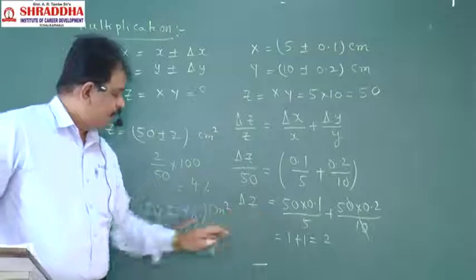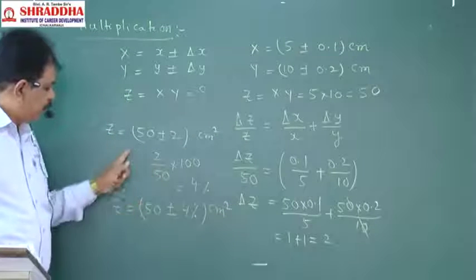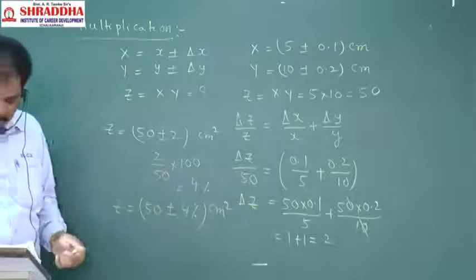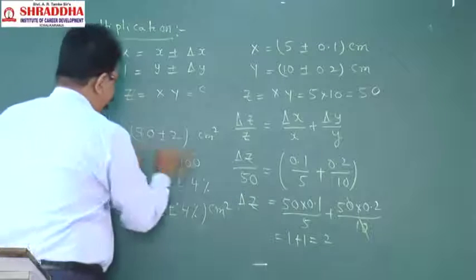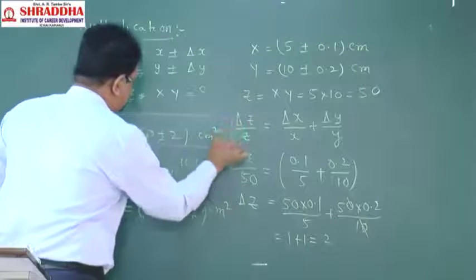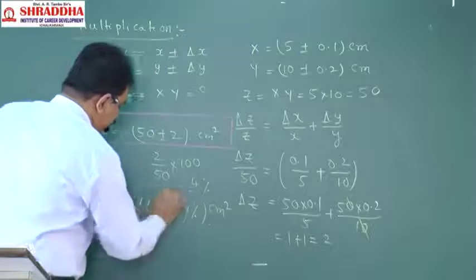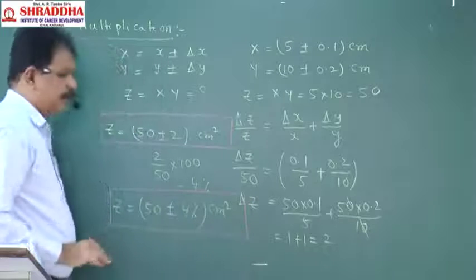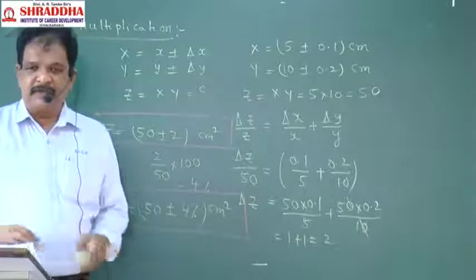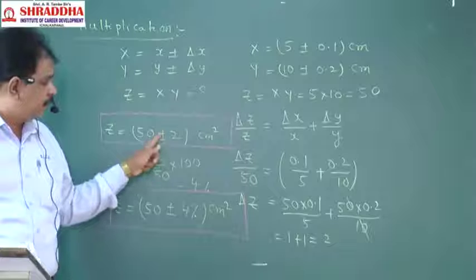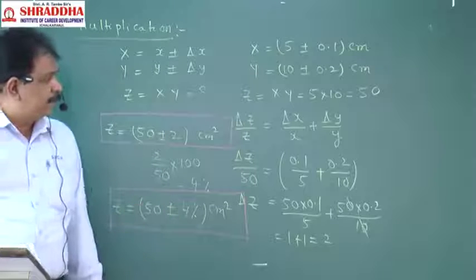You find delta z and you can write in this format, 50 plus or minus 2 centimeter square. This is also correct. In some problems they will represent it like this.